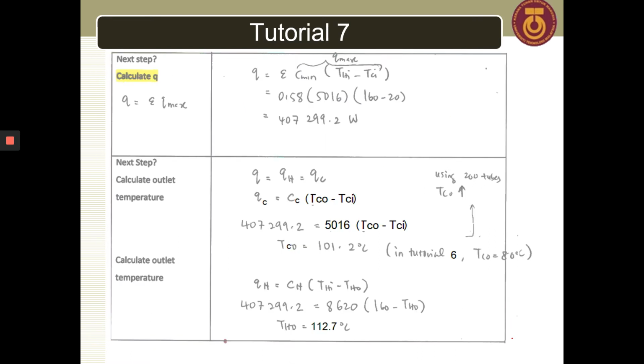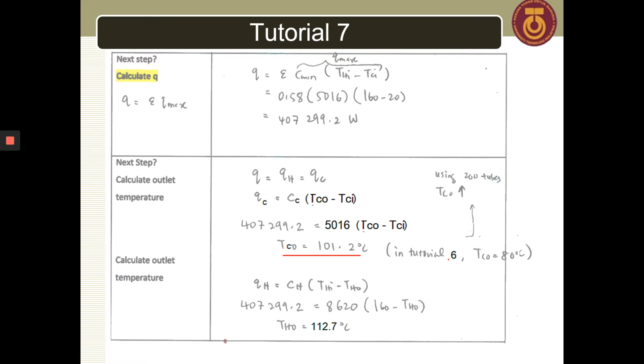Or maybe I can show you some miscalculation last time, just to avoid confusion. So TCO obtained for tutorial 7 is 101.